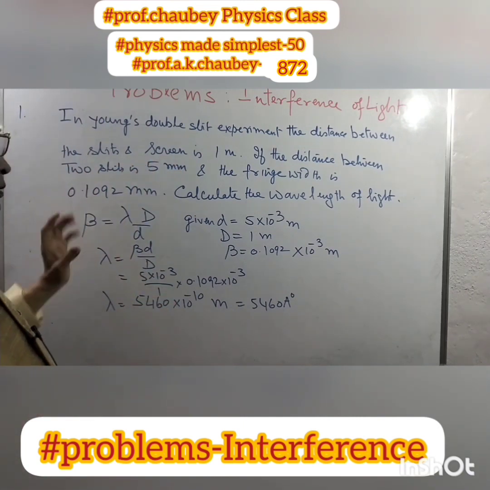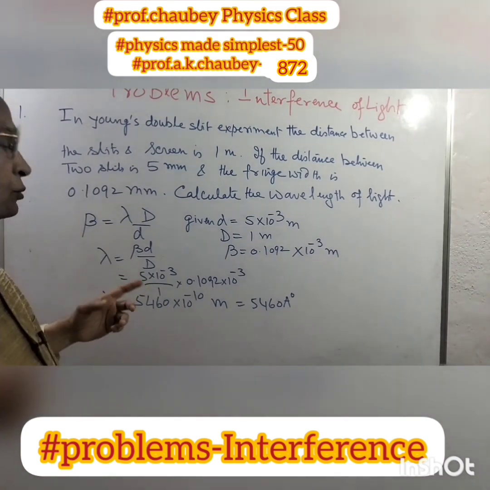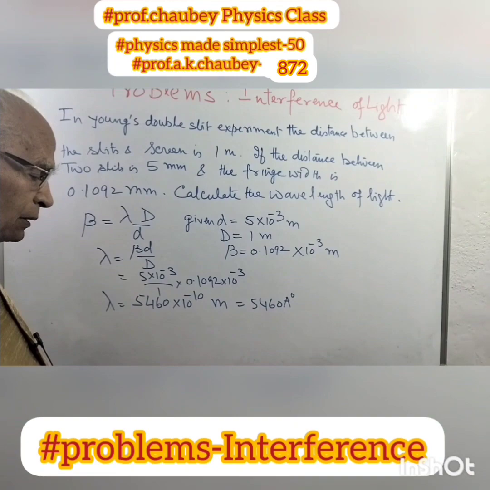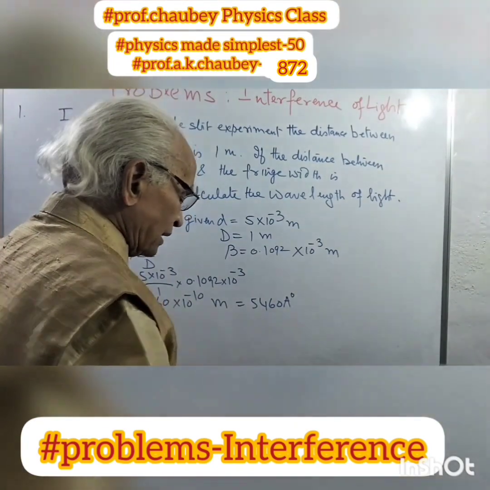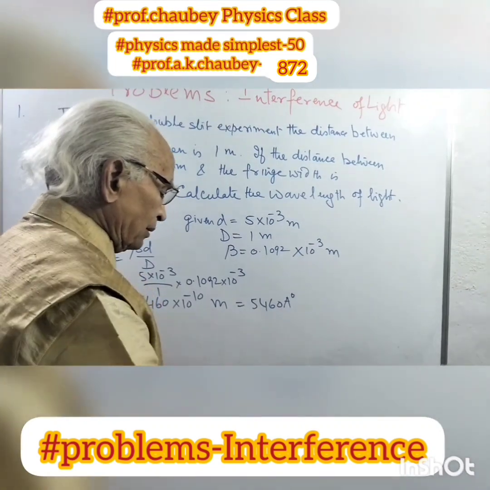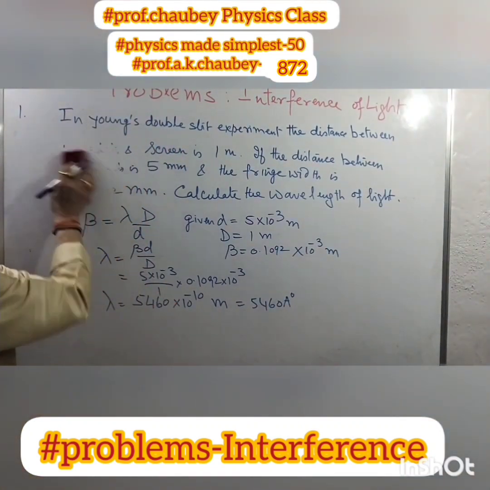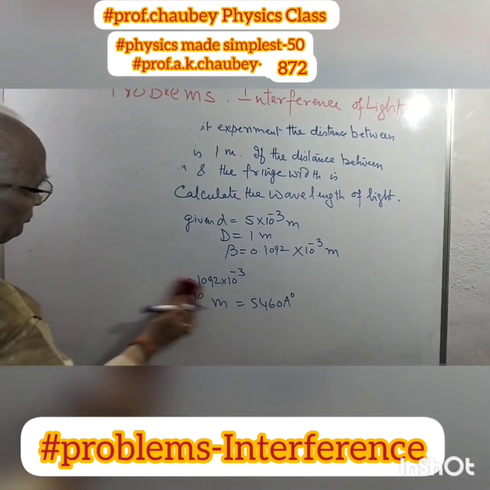You can convert one source into two coherent sources. So that is small d. Put all these parameters, and you get the wavelength lambda. This is a very nice laboratory experiment for the measurement of wavelengths of an optical source.